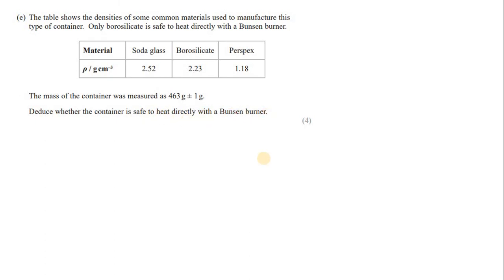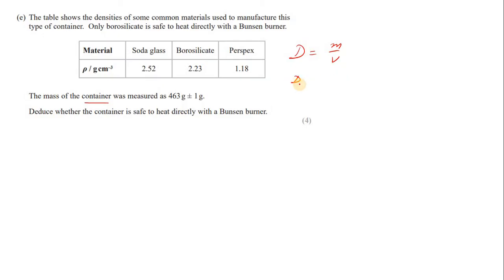So there are many methods to deduce the result, but one method that is coming right now into my mind is we can find the maximum possible density of the container and the minimum possible density. So remember, density in general is mass over volume.